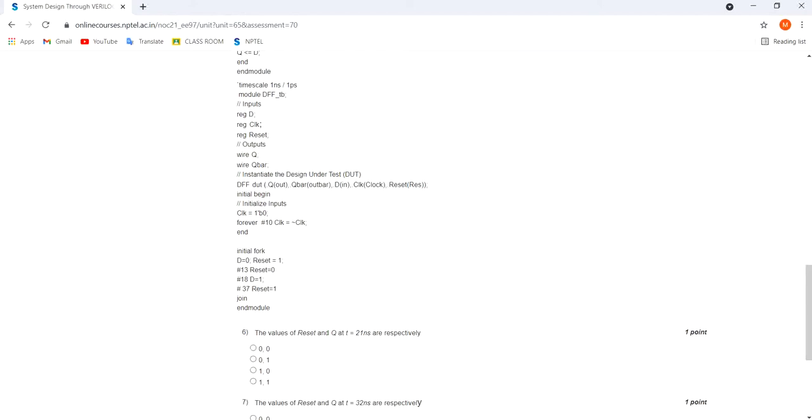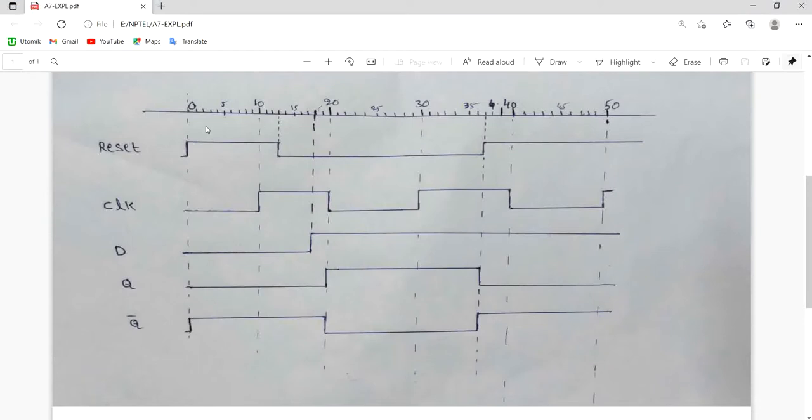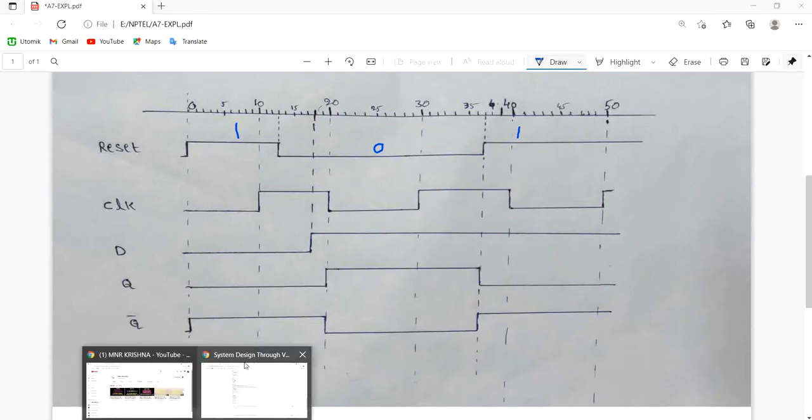So we write that here: 0 to 13 the reset is high, so it is 1. From 13 to 37 the reset is equal to 0, that is low, and from 37 onwards the reset will be high. Then what about the clock? Let's see that.